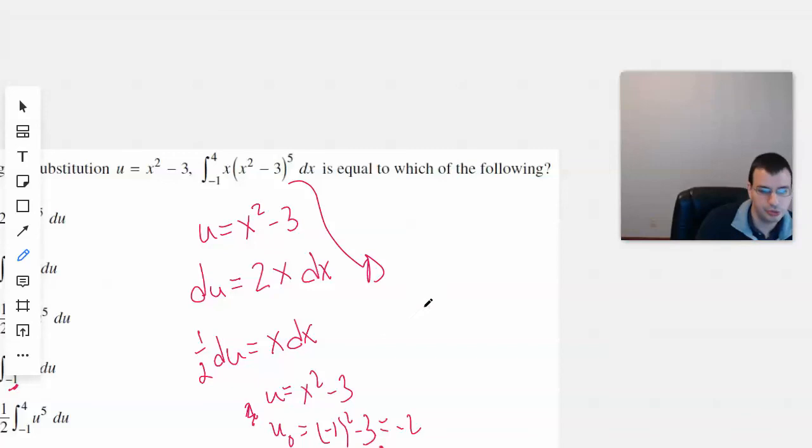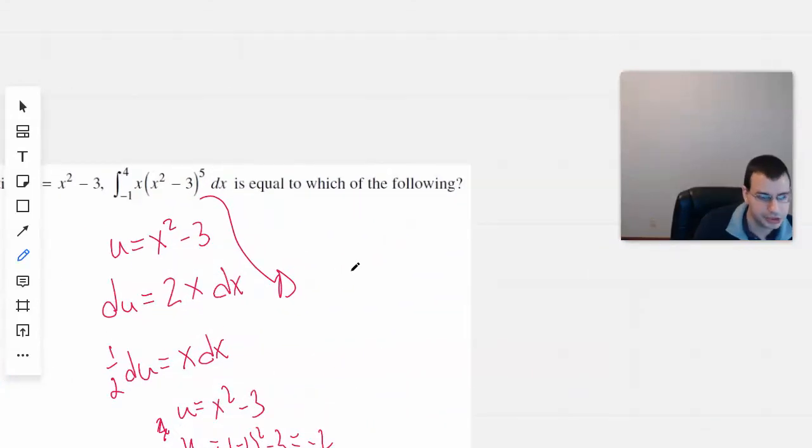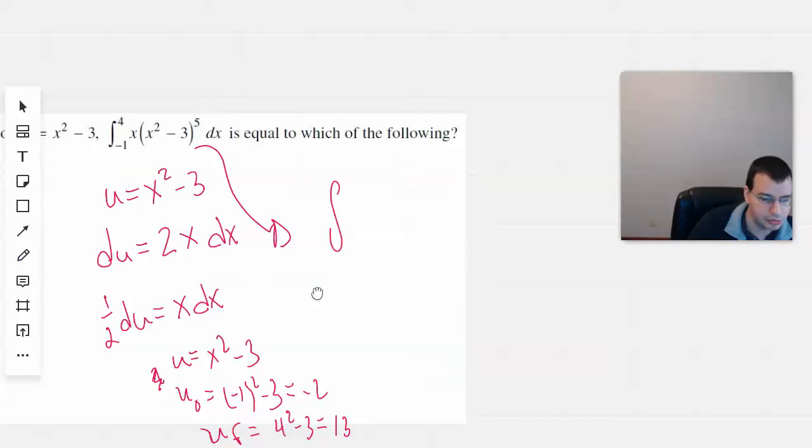So, moving on with some of these integrals, sir is looking for the integral. So hopefully this will be straightforward. We'll go from negative 2 to 13 of x squared minus 3, so that'd be u to the 5th, times 1/2 du.